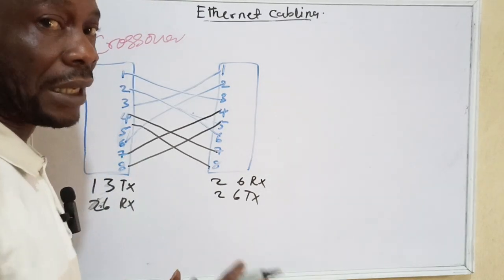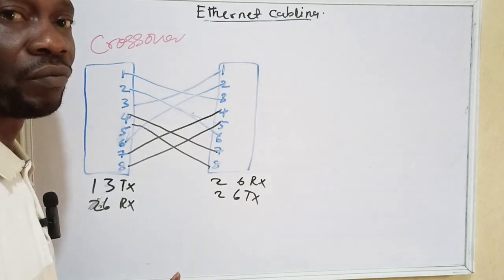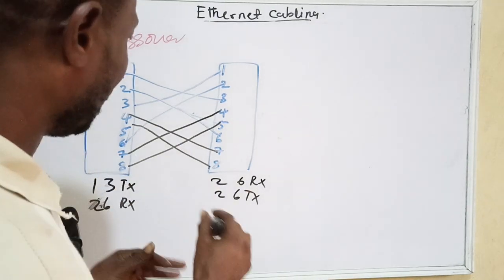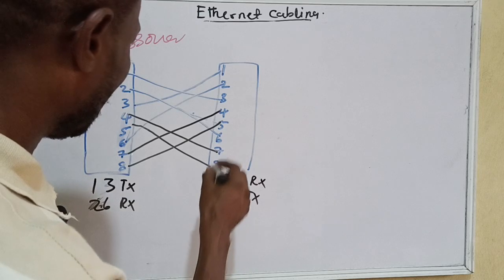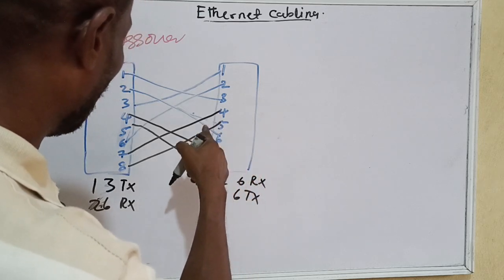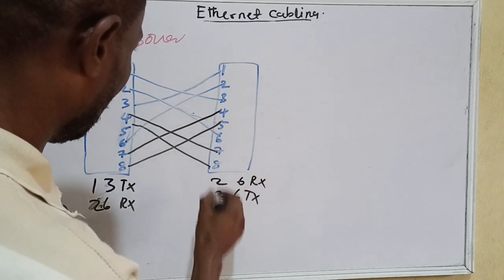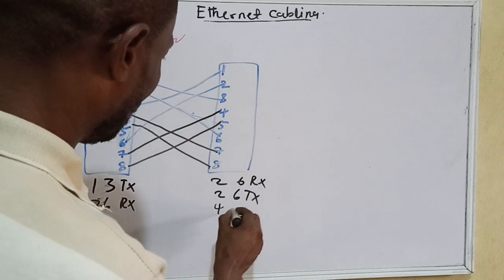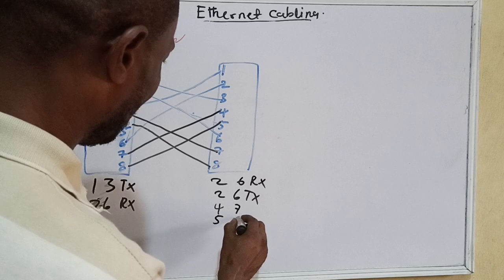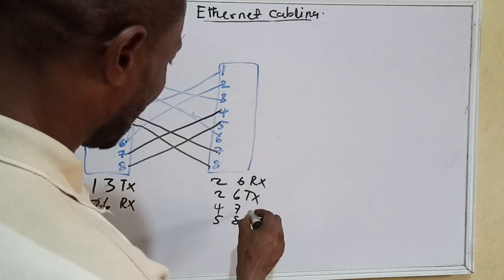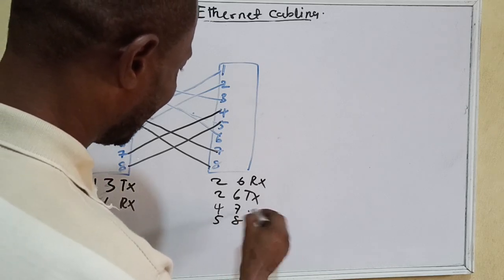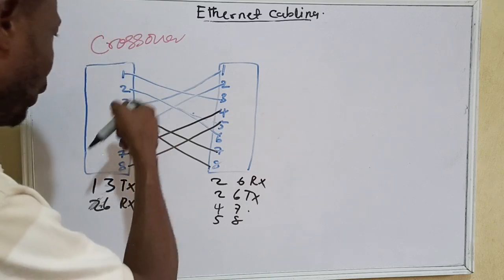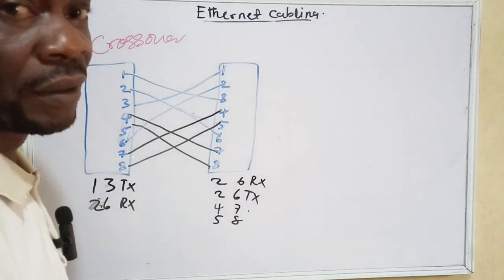The 8 copper wires are used in gigabit. And in these 2 pairs, 4 to 7, 5 to 8, can also be for transmit, and just like that here, for receive.